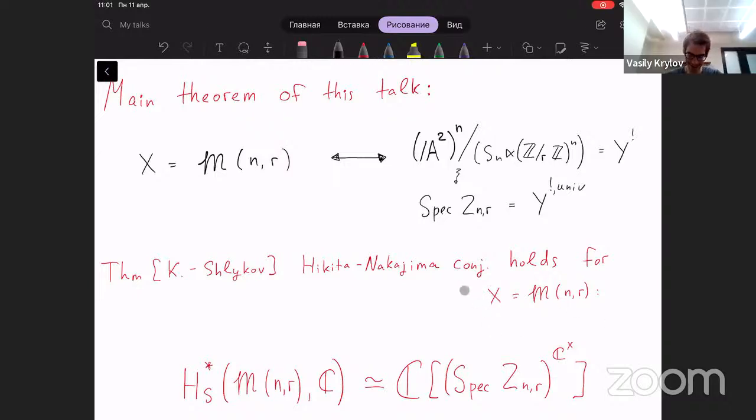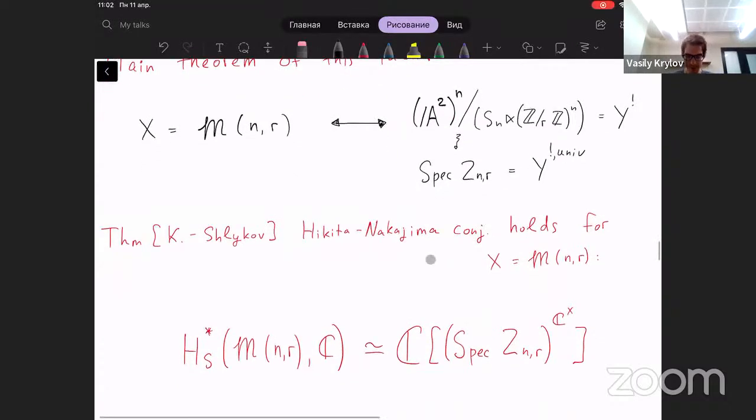Let me continue. The main theorem of this talk is that, recall that we have this symplectically dual pair: X is M of R, the ADHM space, and Y shriek is this quotient, which is deformed by the spectrum of the center of the rational Cherednik algebra.